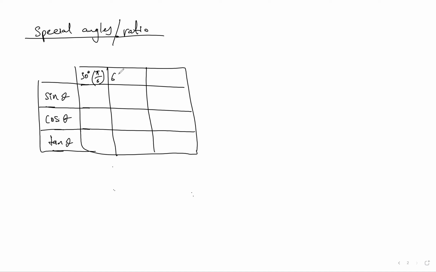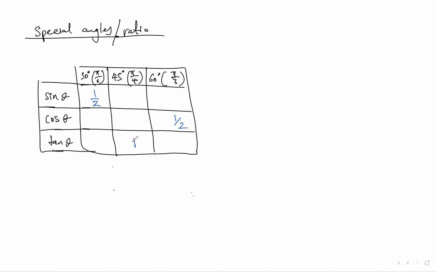We'll take 45 next, pi over 4 in terms of radian, then 60 degrees, this is pi over 3. So if I were to fill up, then this is half, this is half.